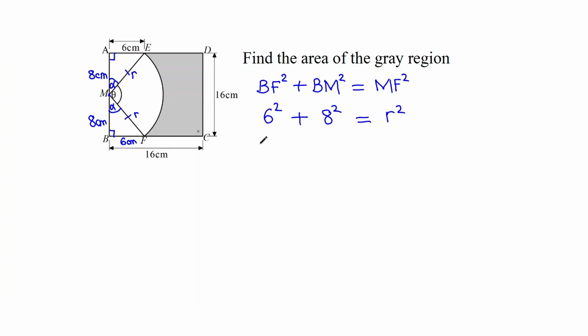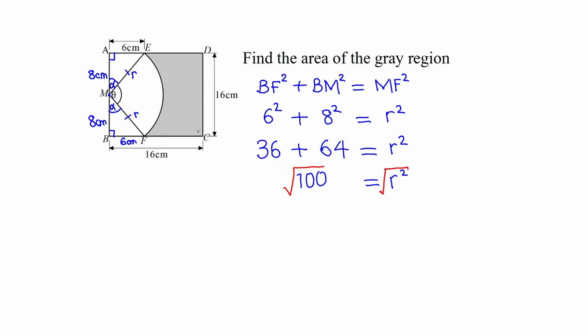And when we square 6, we get 36. Now, squaring 8, we get 64 equals r square. Now, the sum of 36 and 64 is 100 equals r square. Now, we can get the square root on both sides, where we have the square root of 100 and the square root of r square.